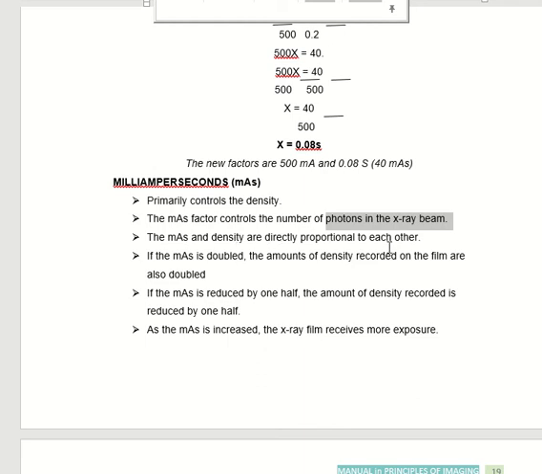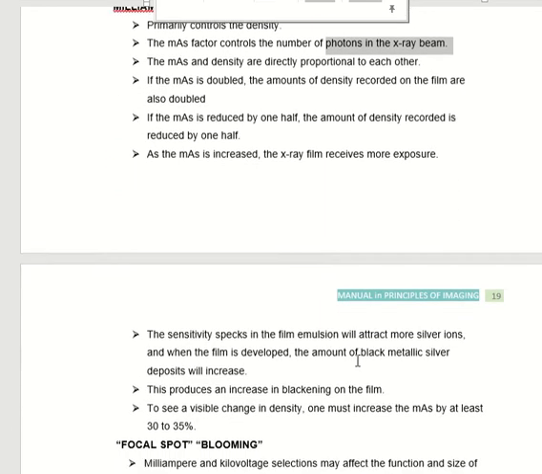If you increase the MAS, your density will also increase. If the MAS is doubled, the density will also be doubled, because they are directly related. If the MAS is reduced by 1/2, of course, your density will also be reduced. So if the MAS is increased, the film will receive more exposure, therefore increased density.